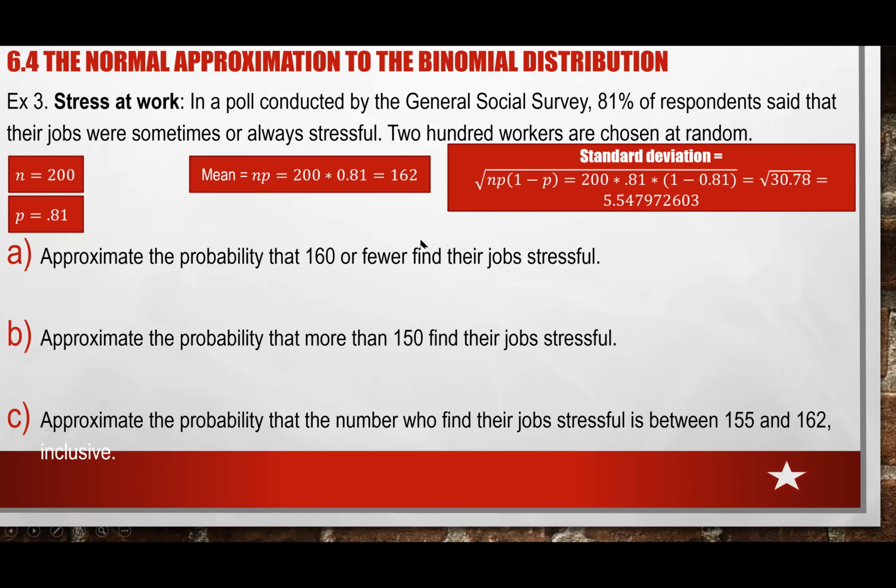And look at this part A. They ask to approximate the probability that 160 or fewer, meaning X is less than or equal to 160, right? I ask you to sketch this out.